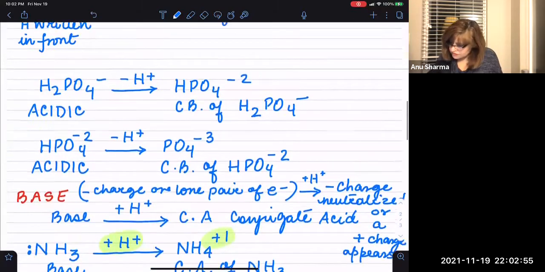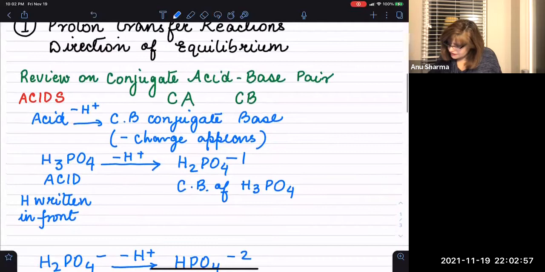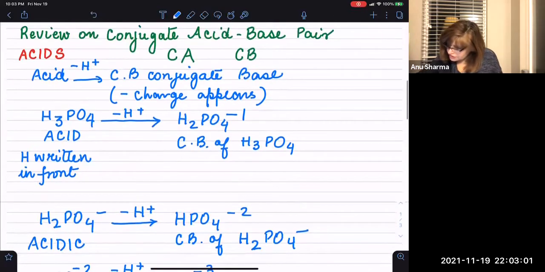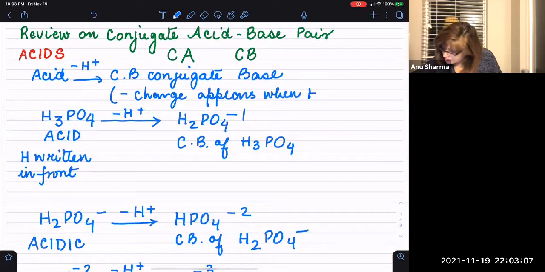Okay, so did I write this here? An acid is where a negative charge appears when a hydrogen ion is removed.